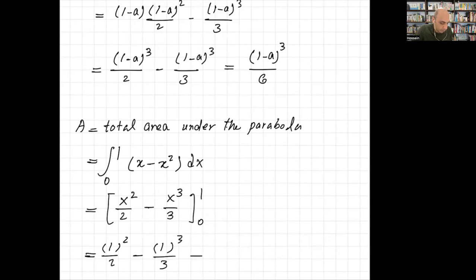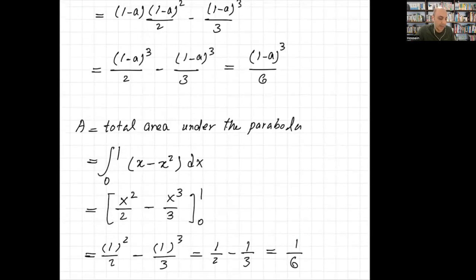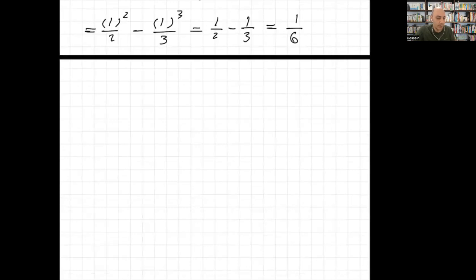So it's going to be 1/2 minus 1/3, which is equal to 1/6. And remember, this is the total area. We wanted A1, that we found up here, to be 1/2 of A, because A is the total area. So A1 is equal to 1/2 of A.